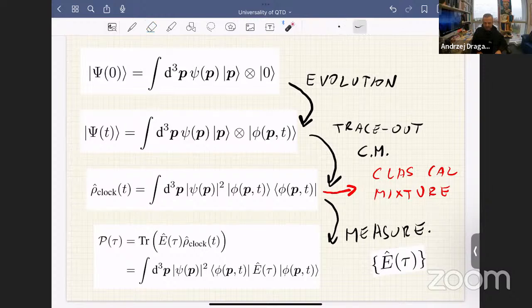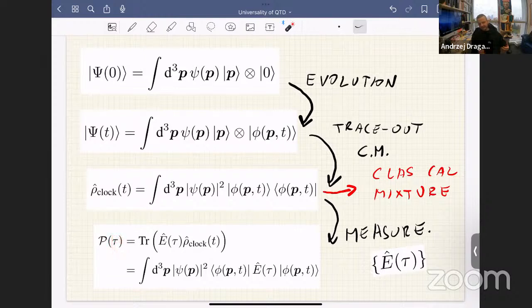If you take POVMs like this, the probability of finding a given outcome that I called tau is given by simply this expression where you take a given clock state, sandwich it with your POVM, and then average out over all momenta. And that's the average, that is the probability of finding the outcome to be tau.